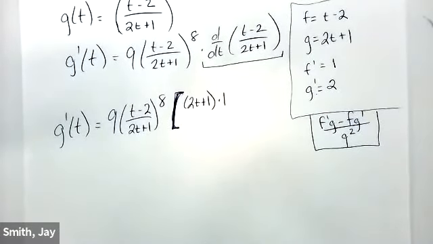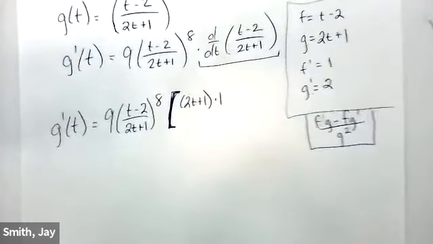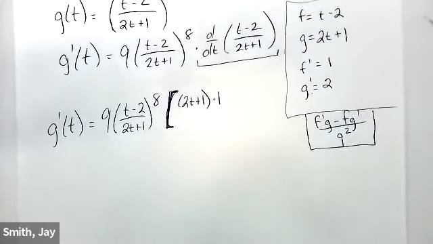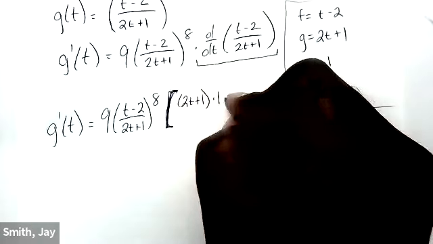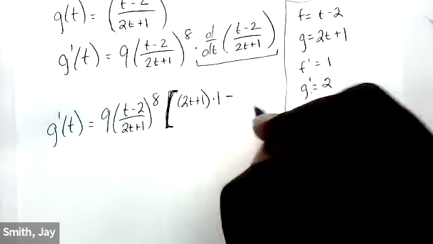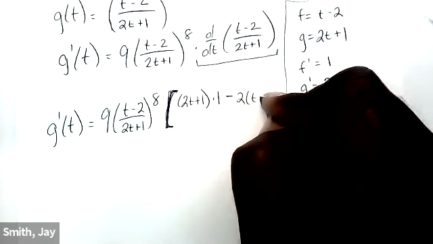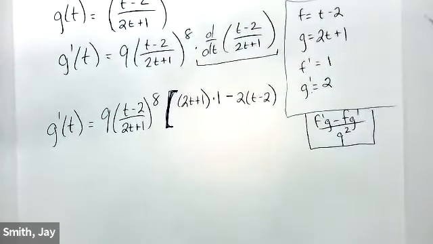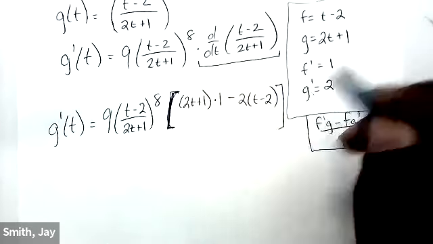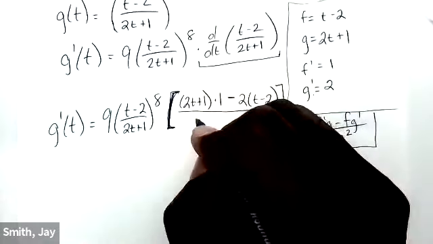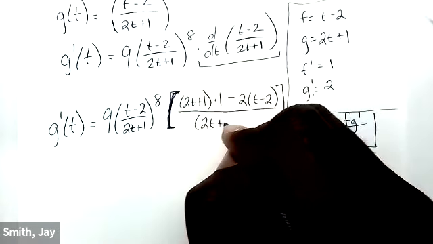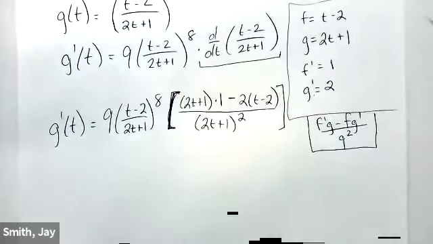That's f prime g. Remember, the order in which you multiply makes no difference. So 2 times 1, 1 times 2, same thing. Minus 2 times t minus 2. All of this is being divided by g squared, or in this case, 2t plus 1 raised to the 2nd power.